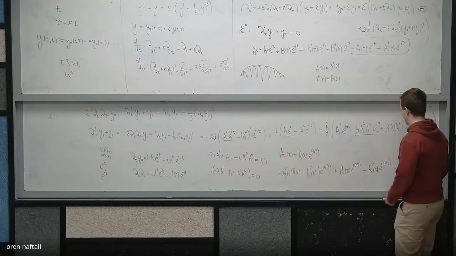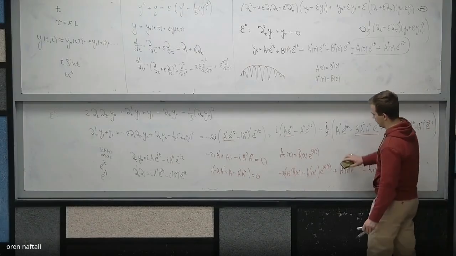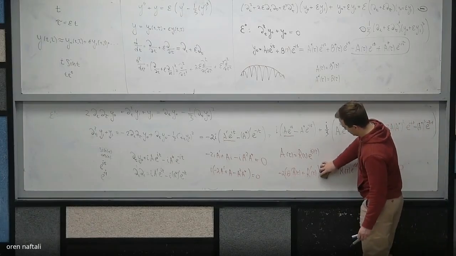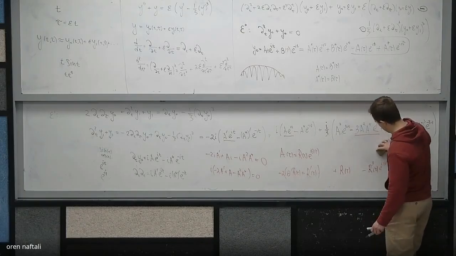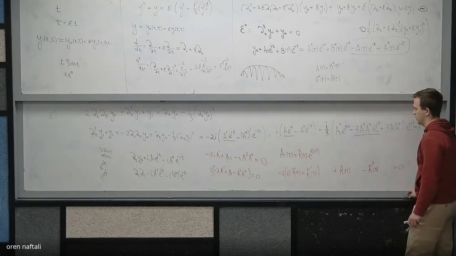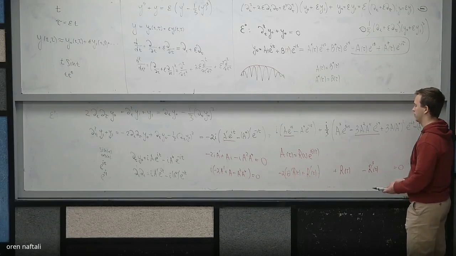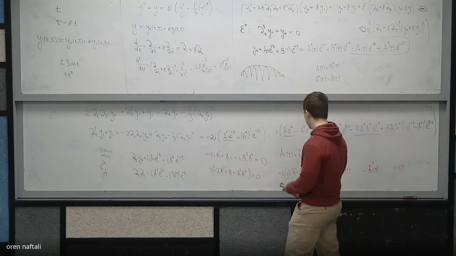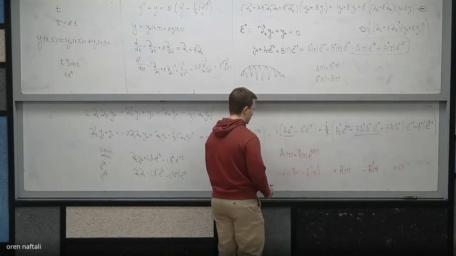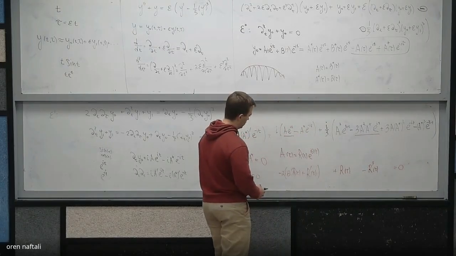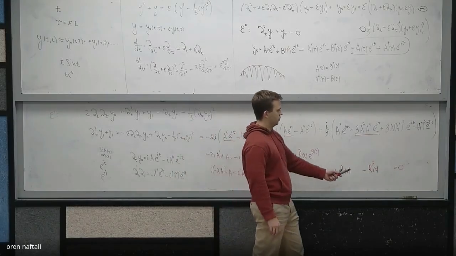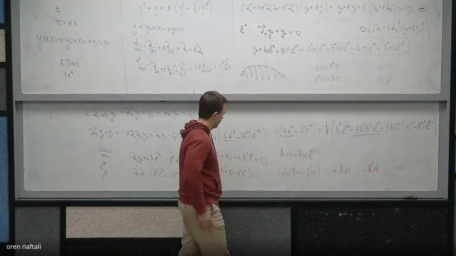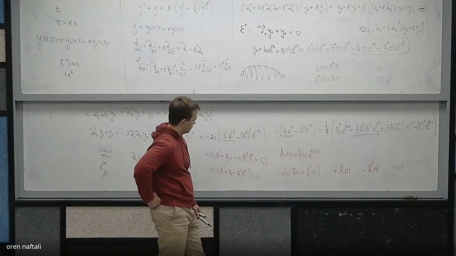Now I can divide both sides by e to the i delta. And I have the imaginary part of this equation and the real part of this equation. So in the imaginary part I have only this term, due to the last term. This one, yes, it's supposed to be e with 3 i theta.